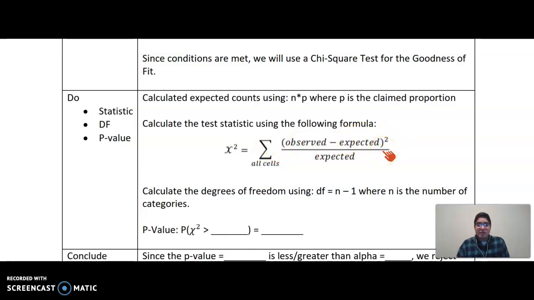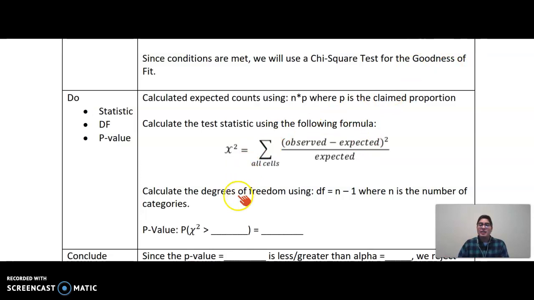Again, we square it so that we don't end up with any negatives, and this also helps to emphasize those differences. And then we divide it by the expected count. Now, again, this is the long run frequency of it. So when I'm calculating these expected counts, this is in the long run. If I repeated my procedure again and again, what would I expect in the long run average? As we know, short run events can be more sporadic.